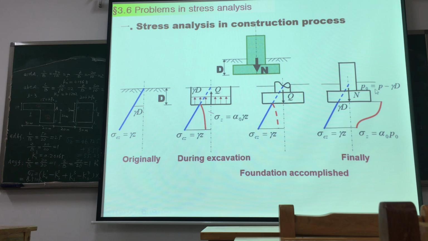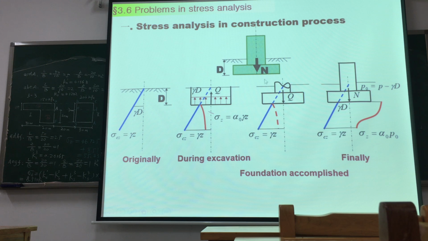Okay, so here we use the net pressure, not the total pressure, to calculate the vertical stress increase. And the net pressure equals the total pressure minus gamma D, the geostatic pressure at the depth of embedment.